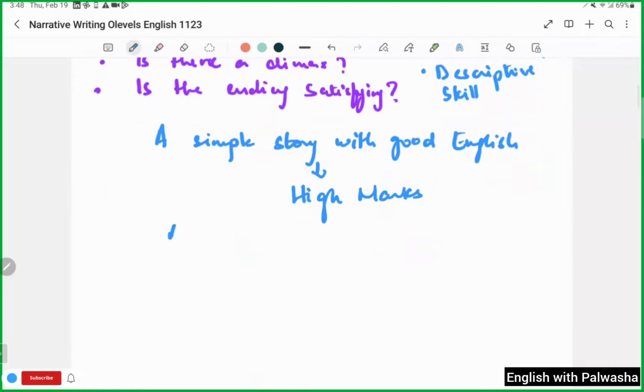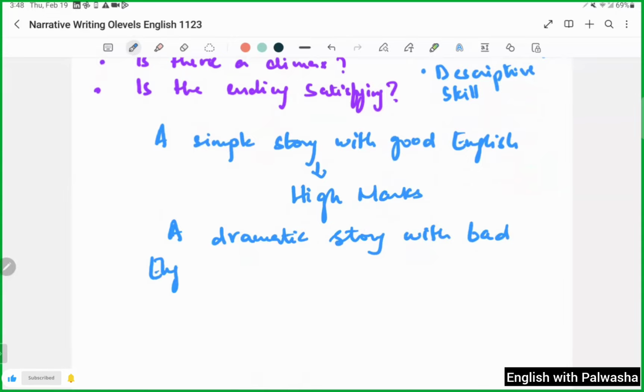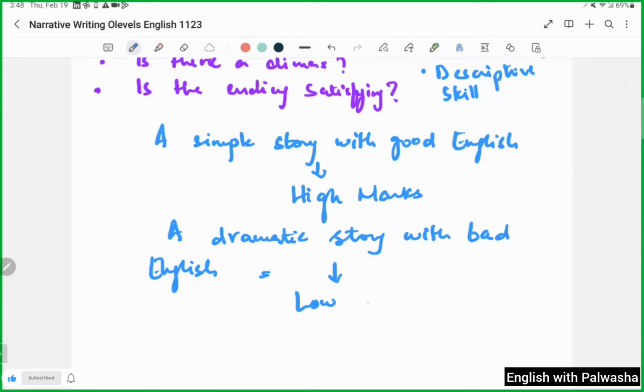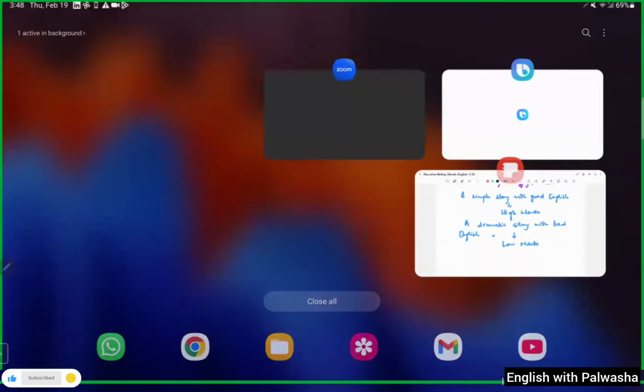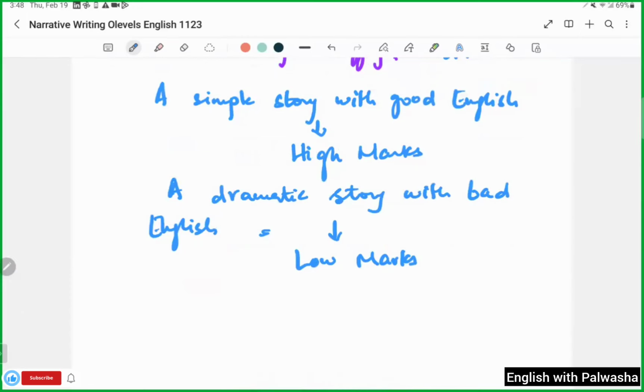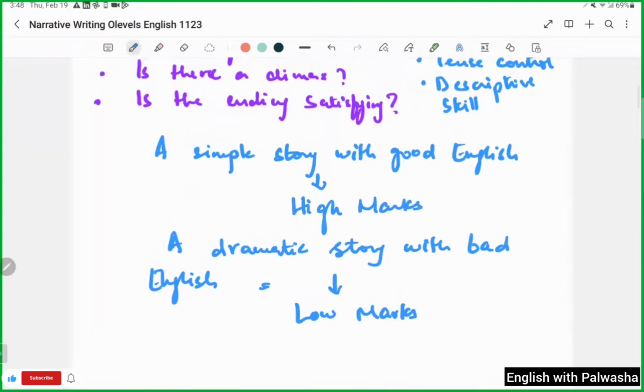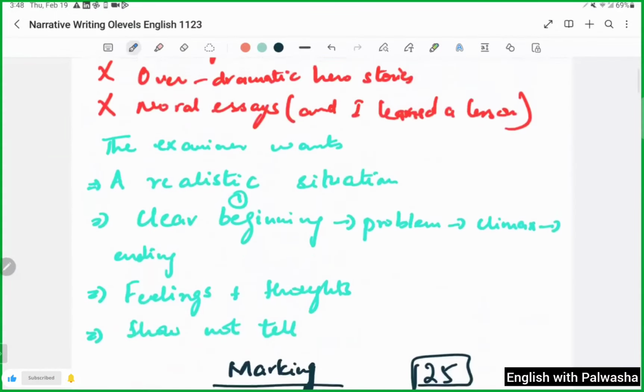But if you are writing a dramatic story, your story is quite dramatic, but with bad sentences, with so many grammatical errors, then you will be getting low marks. Please note that you have to focus on your better vocabulary and sentence structure. There shouldn't be any grammatical mistakes at this point of time, right? Now, okay, till here it's clear, dear.